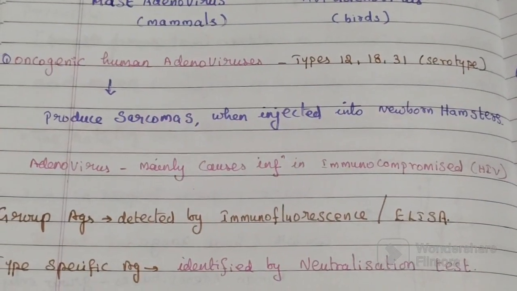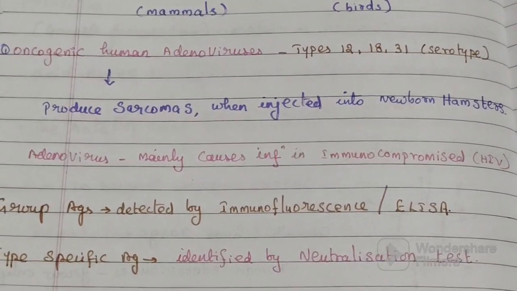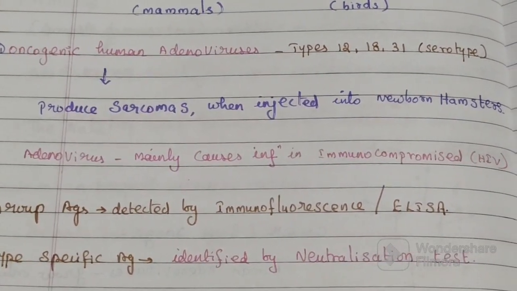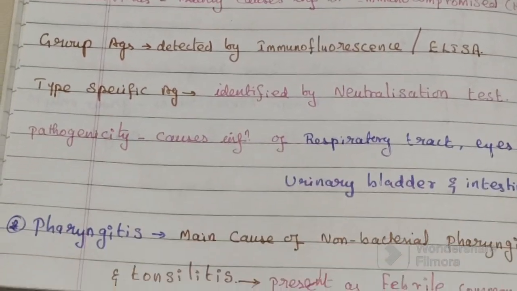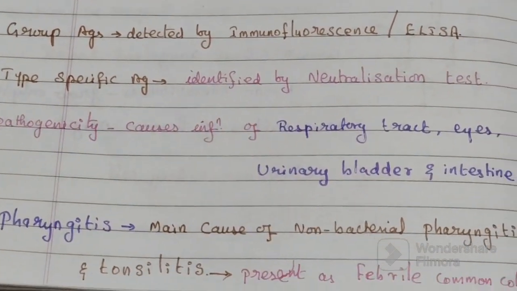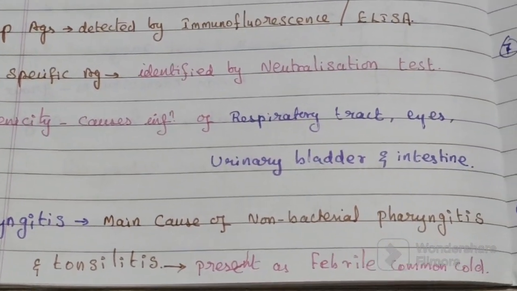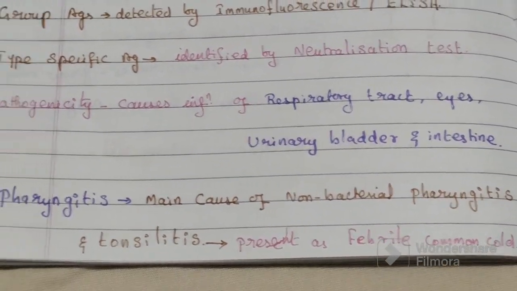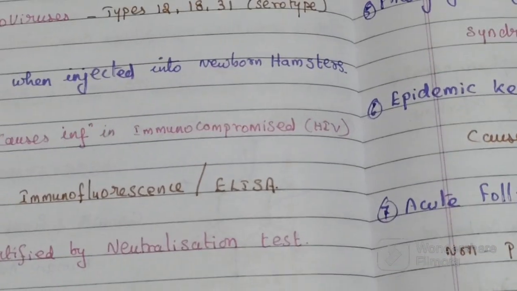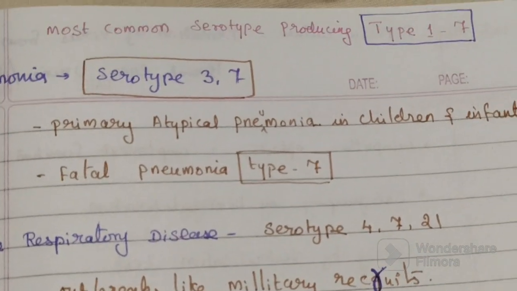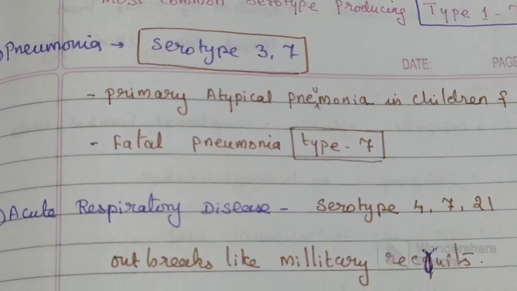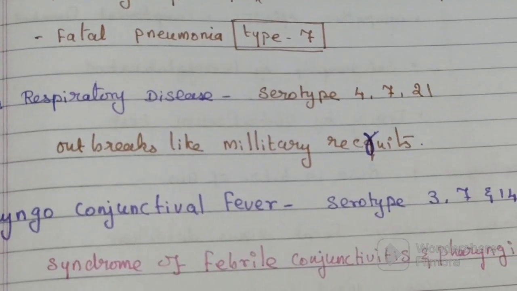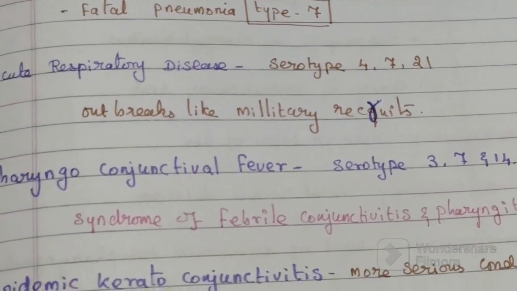To summarize: oncogenic human adenovirus causes sarcomas, serotypes 12, 18, 31. Second is pharyngitis, mainly caused by types 1 and 7. Then pneumonia, serotypes 3 and 7. Acute respiratory disease, serotypes 4, 7, 21.